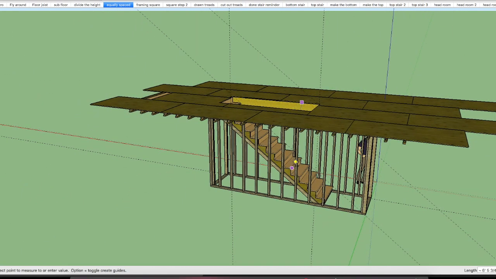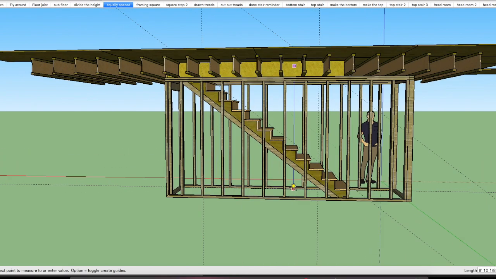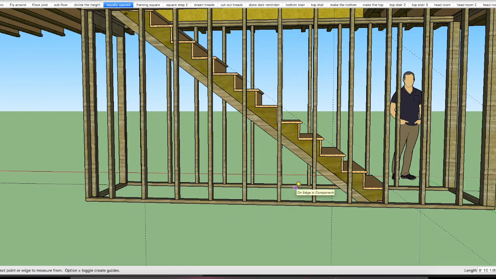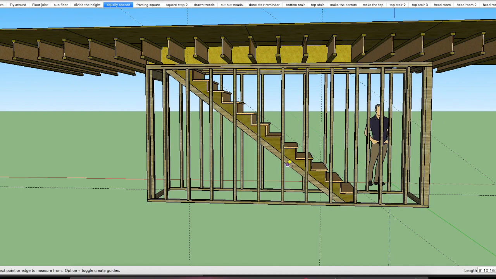From the top of subfloor straight down to the top of basement floor, we have 8 foot 10 and an eighth inches. As you can see, since we're going to be dividing the stair heights into increments less than a foot, we're going to want to read the tape so that it just says inches.